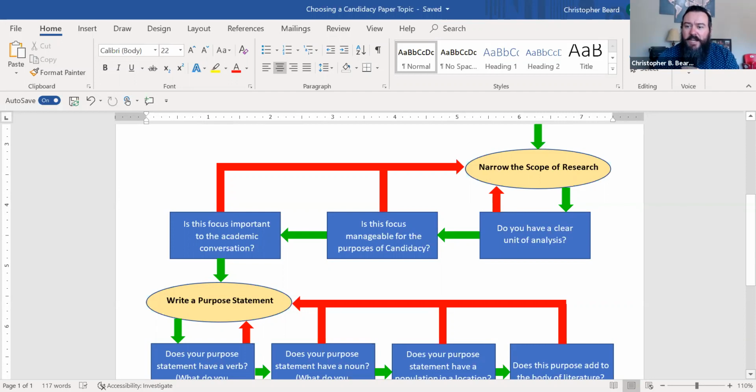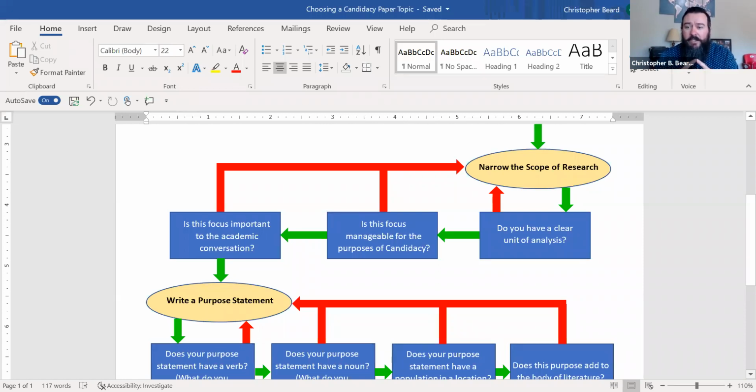And sometimes we choose areas that are not manageable, that would require multiple works to actually accomplish. So for example, for candidacy, you don't want to choose a scope or a unit of analysis that is so broad that you're never going to be able to cover it in the 25 to 35 page paper. You want to pick something that is manageable for you to do, bite size for you to handle.